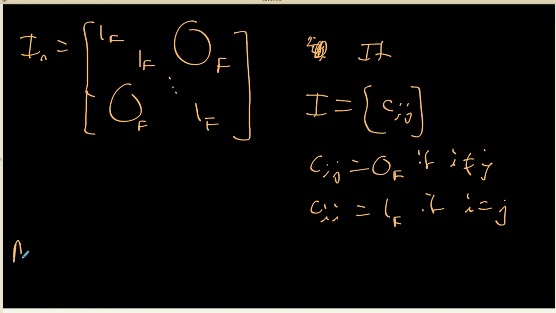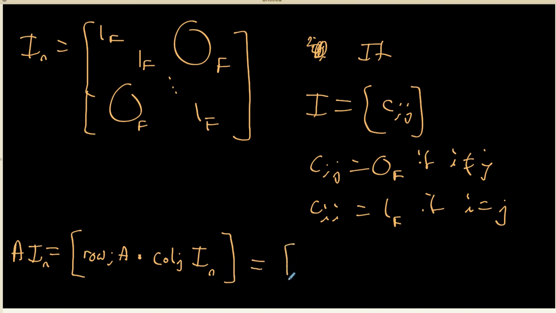If you look at A times I, that is going to have row i of matrix A dotted with column j of the identity matrix, and the only entry in column j that will not be a 0 is the jth entry. So the ij entry is going to be aij, and that's going to wind up being the matrix A.